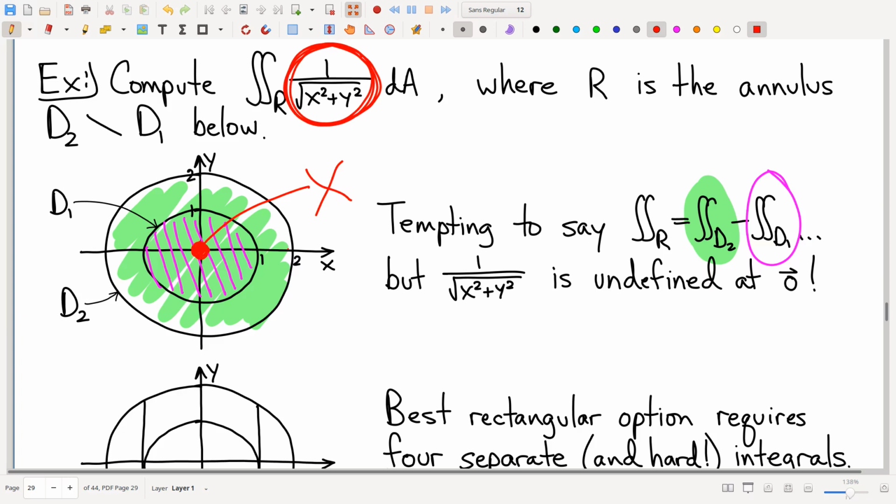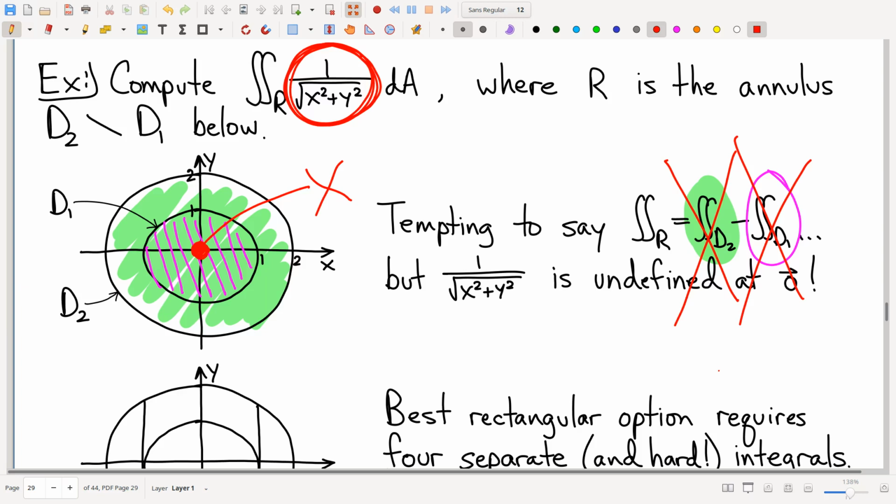That means that this green integral is undefined. The only definitions that we have for an integral require that the integrand be continuous, which means it has to be defined, among other things, everywhere in the domain, and this function's not. So you cannot write down that green integral. And likewise, you can't write down that purple integral either. Neither one of those integrals is defined.